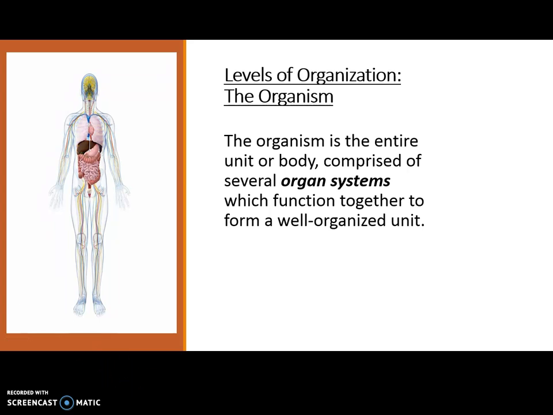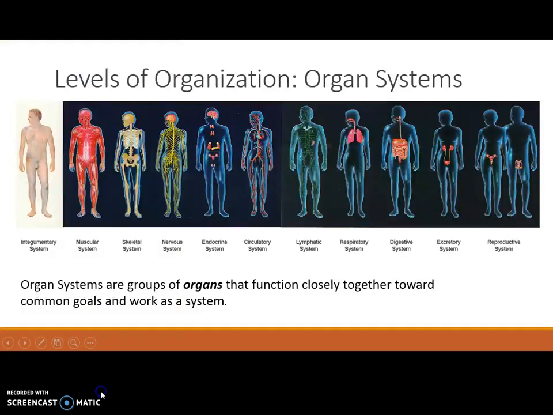So now let's talk about those organ systems. The human organism is comprised of 11 organ systems. Again, some people you talk to may combine these, or the names might be slightly different.